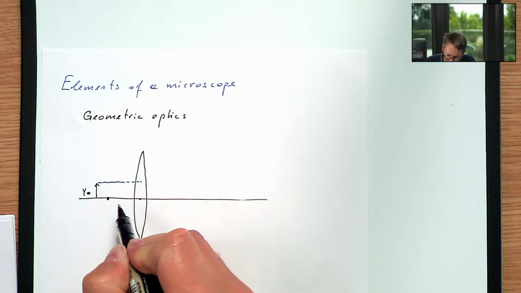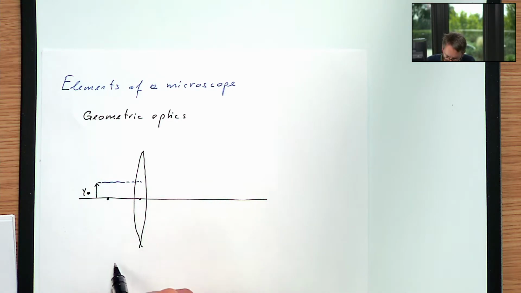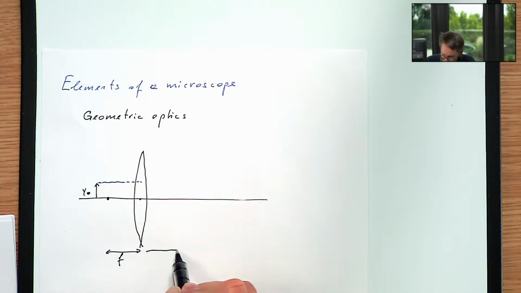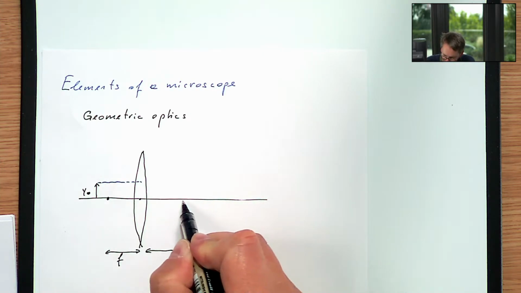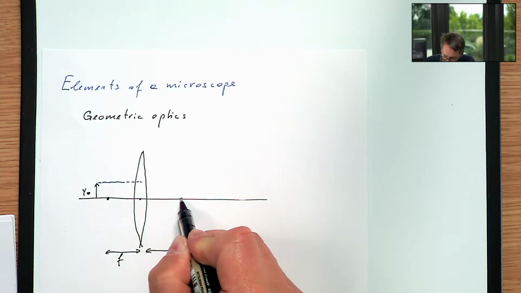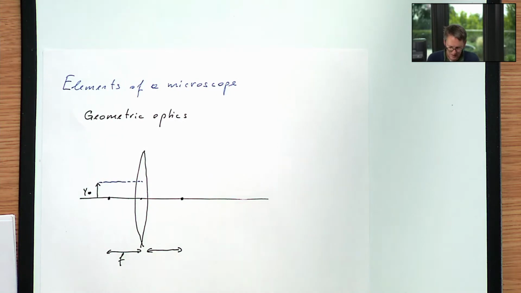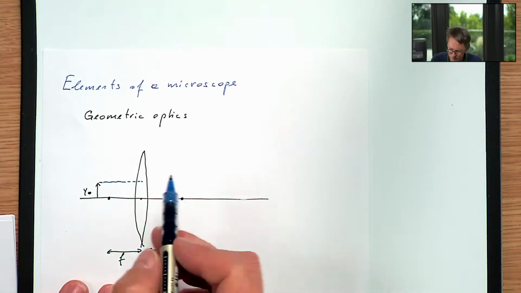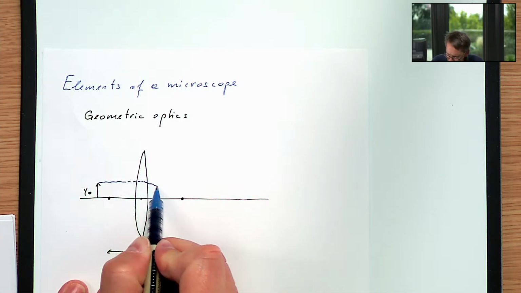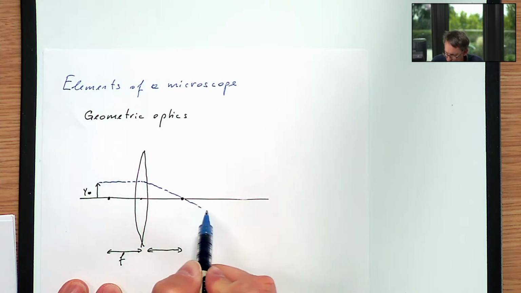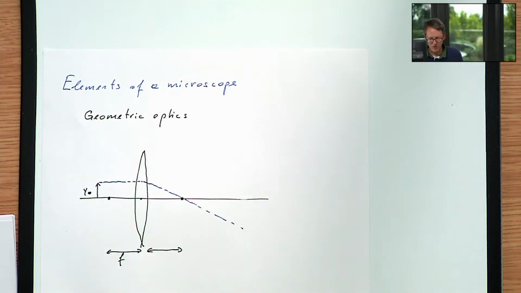So if this distance here we call f, this is the focal distance, and then the equivalent focal distance on the back. So we draw the equivalent point on the back of this plane, and then the light from this ray we can represent with a ray that goes through the back focal plane. So this is the parallel ray, it's called.